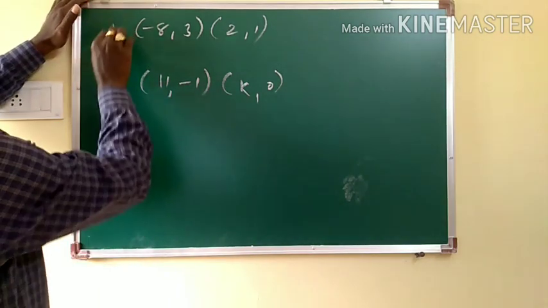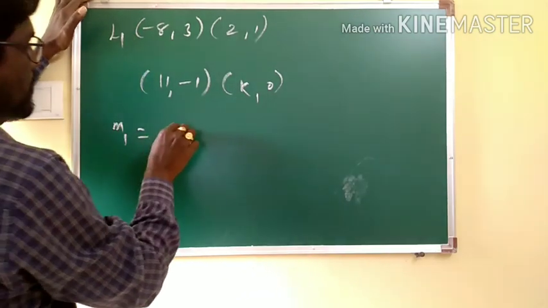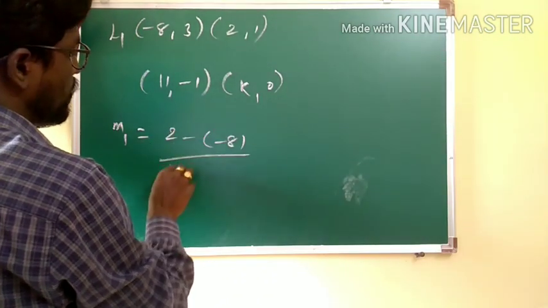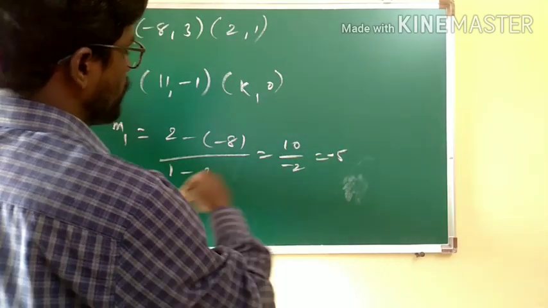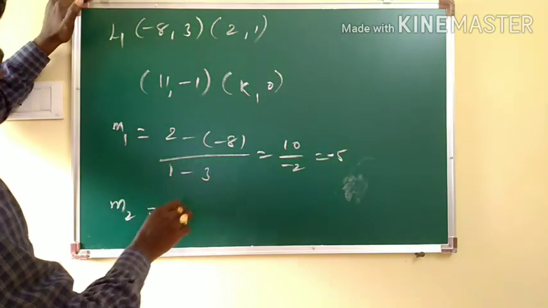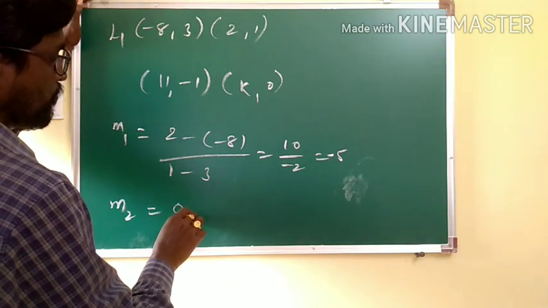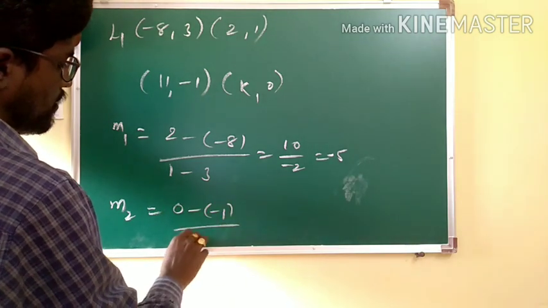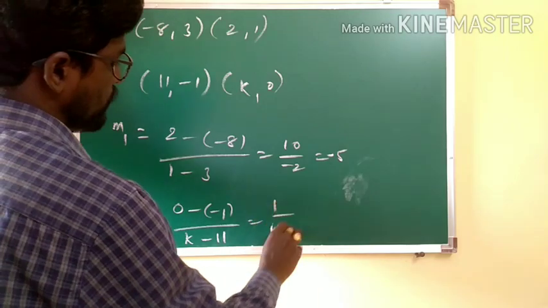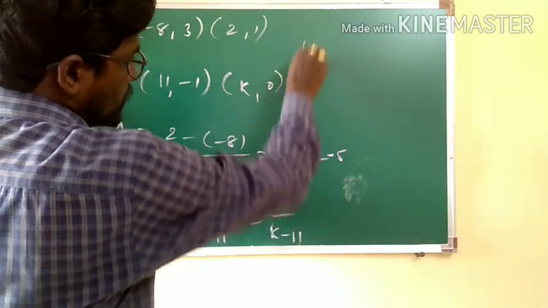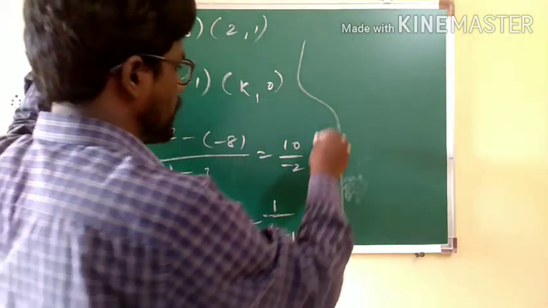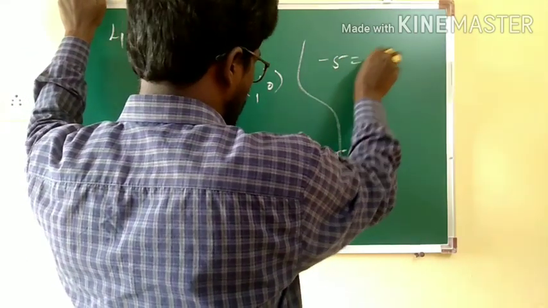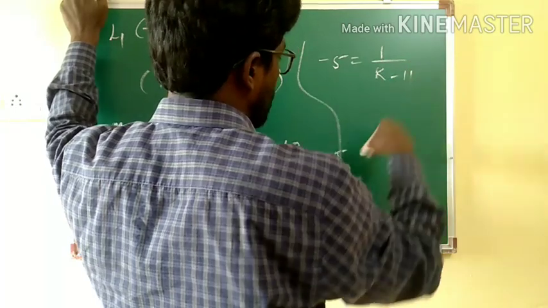What is the slope of line 1? m1 is equal to 2 minus of minus 8 by 1 minus 3, which is equal to 10 by minus 2, which is equal to minus 5. And m2 is equal to 0 minus of minus 1 by k minus 11, which is equal to 1 by k minus 11. As the lines are parallel, we'll equate their slopes. That is, minus 5 is equal to 1 by k minus 11.